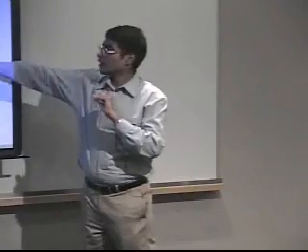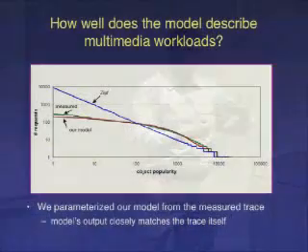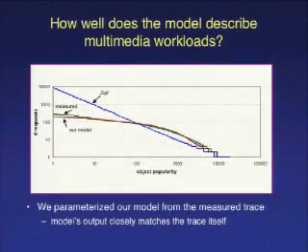So we wanted to, at a very high level, check whether this model would be sufficient to explain this non-Zipf distribution that we are seeing for these multimedia workloads. We parameterized this model with values that are drawn from the trace, and we compared its output, which is a synthetic output, with the actual measured trace.